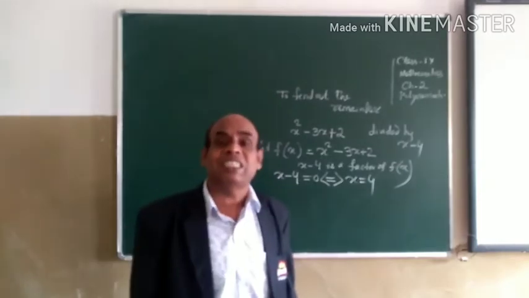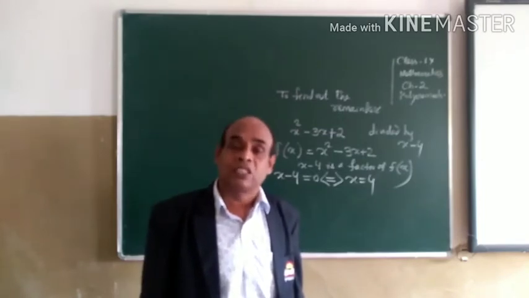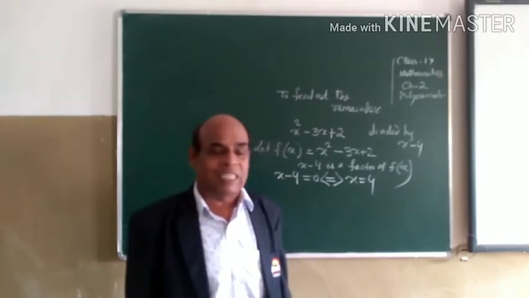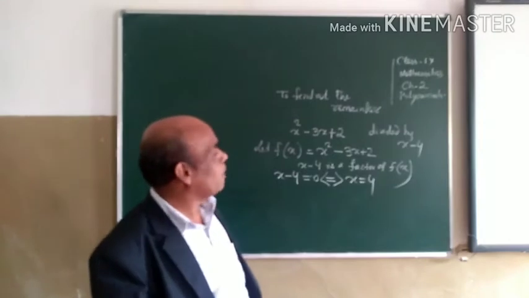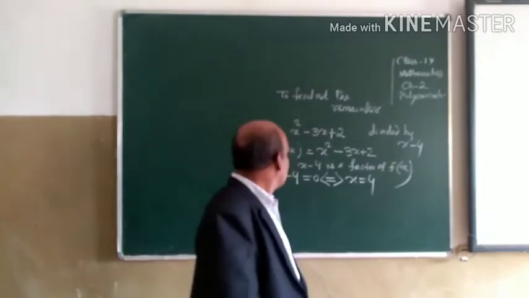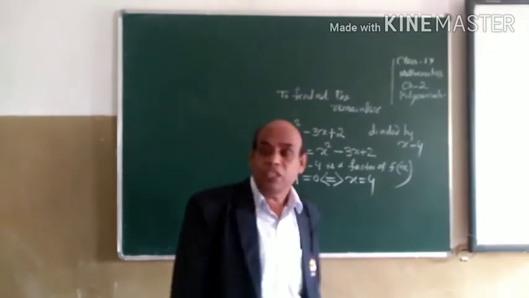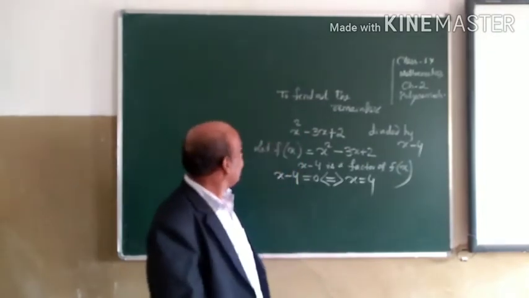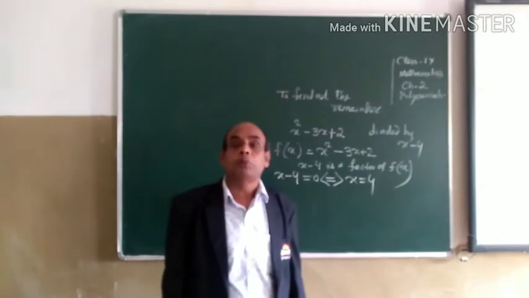Since f(x) is divided by it, x minus 4 is a factor of f(x). So x minus 4 is equal to 0 when x is equal to 4.